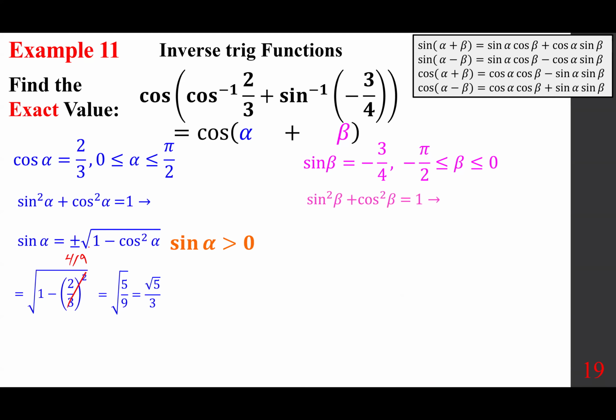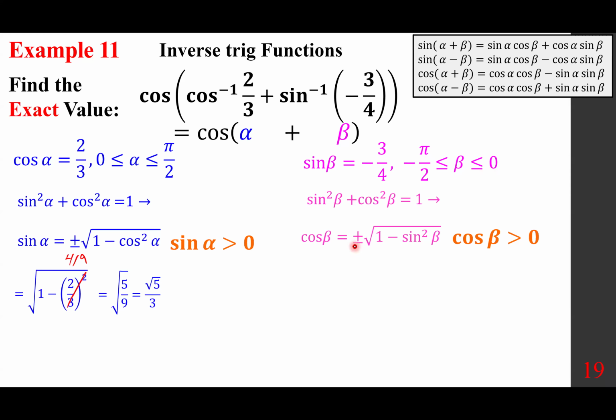We do the same thing for sine beta. Sine squared and cosine squared add up to 1. That means cosine is either positive or negative the square root of 1 minus sine squared beta. We said this is the fourth quadrant and cosine is positive.